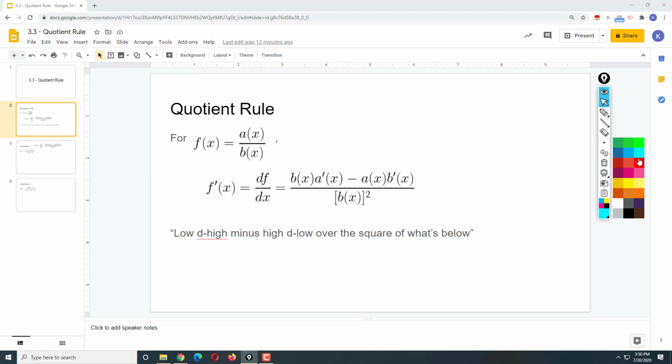One way to remember it is low d high minus high d low over the square of what's below. That's because the one on top is high. The one on the bottom is low. So we know this is low from our formula.